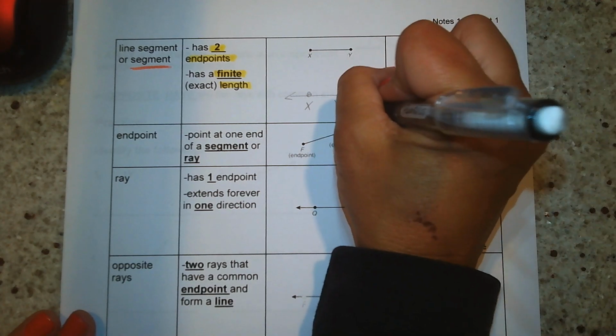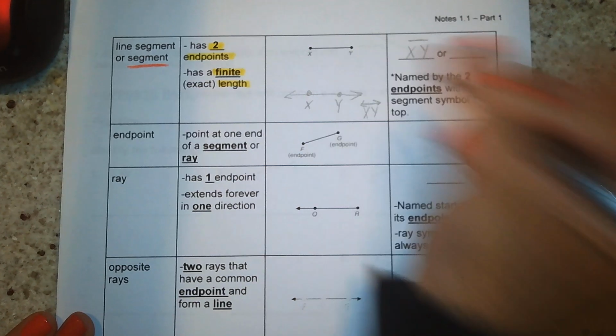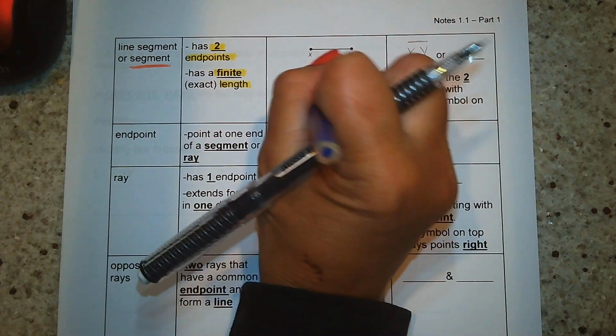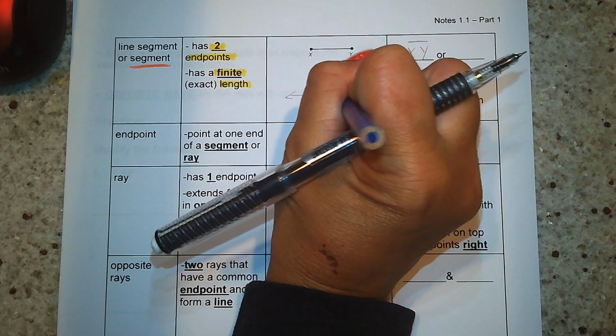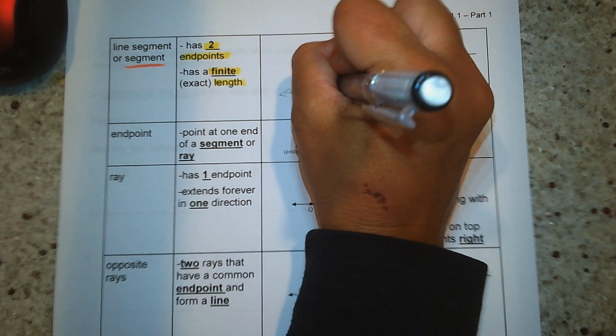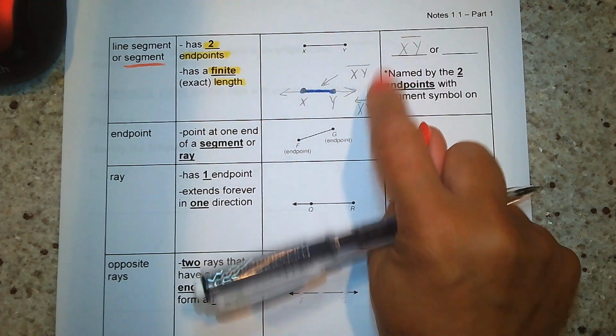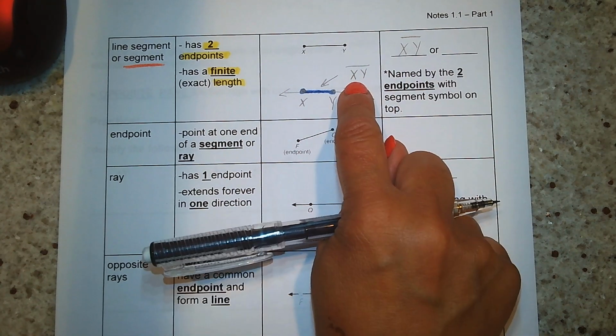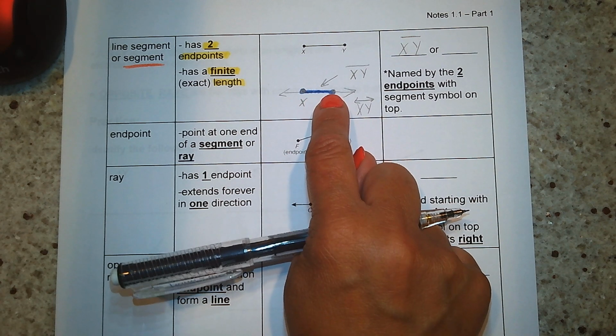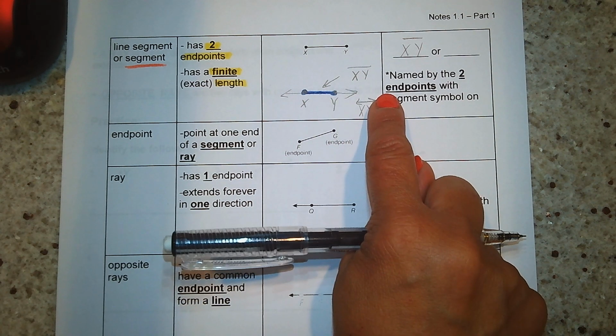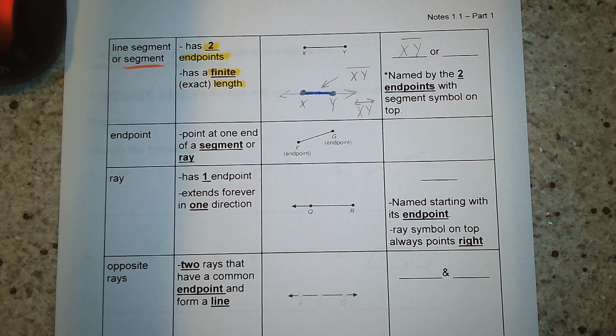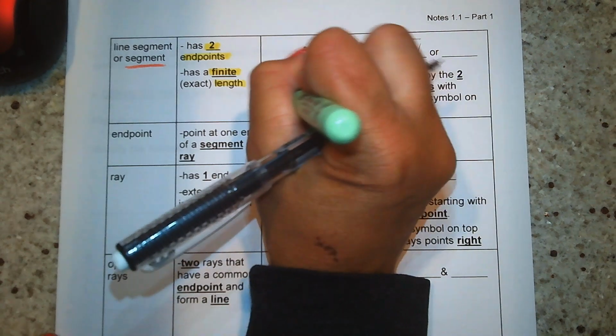That's line XY. And we would name it like that. But from just here to here, that part right there, that is line segment XY. So those two are different. Line segment XY just represents this part, whereas line XY is the entire thing, all of it. So you have to be very, very careful with your symbols there.